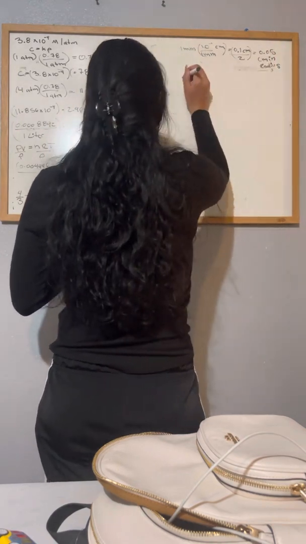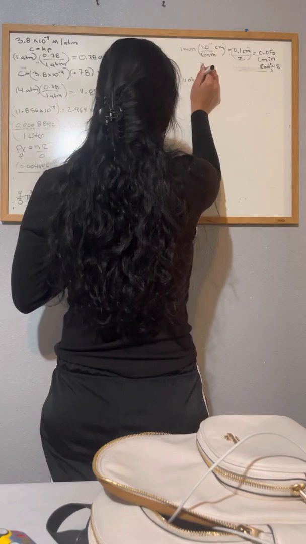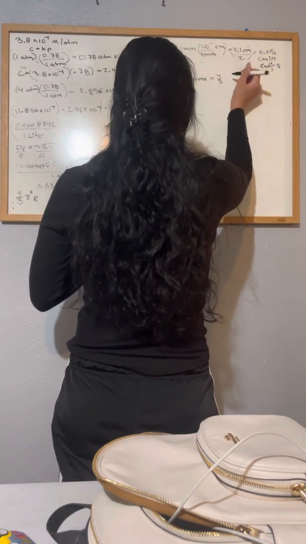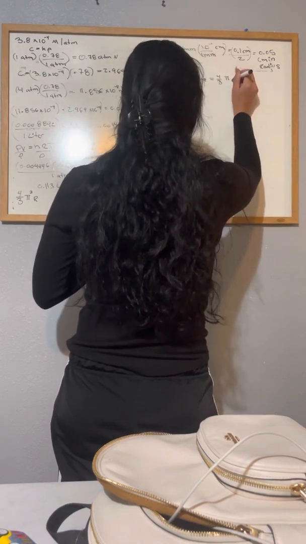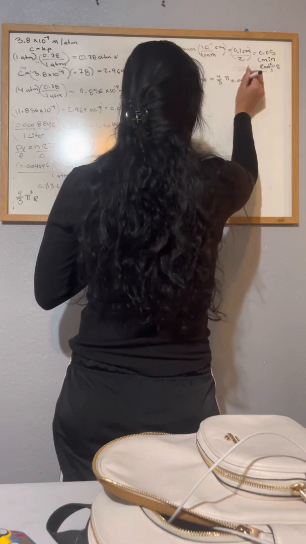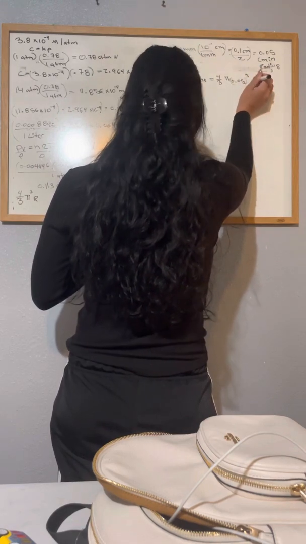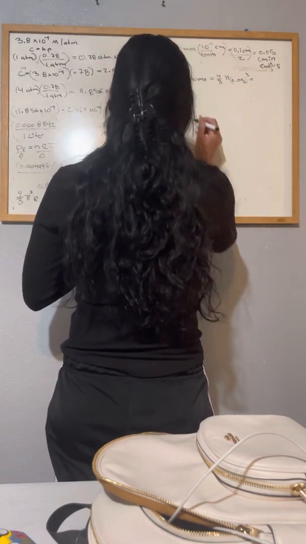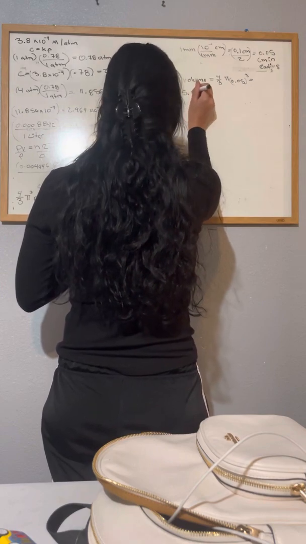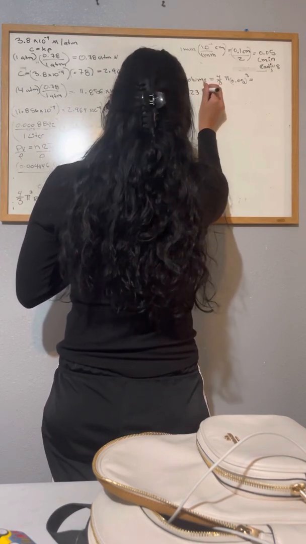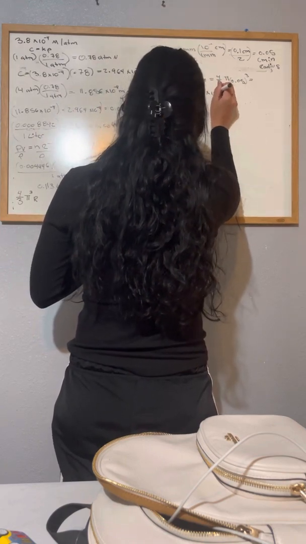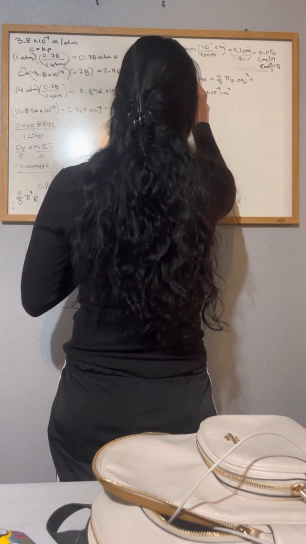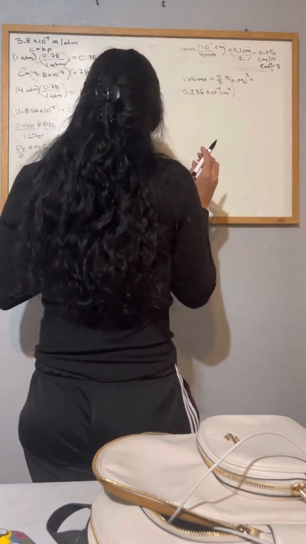Now we can plug it in. So our volume equals 4 divided by 3 pi times 0.05 cubed. So 1 bubble, the big number, 5.236 times 10 to the negative 4 centimeters cubed. This is the volume of 1 bubble.